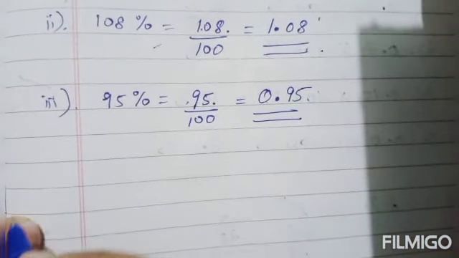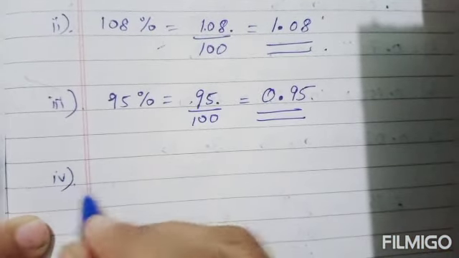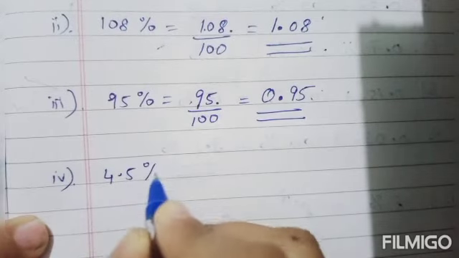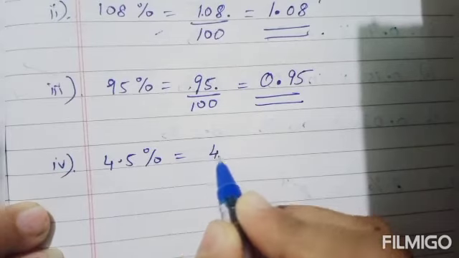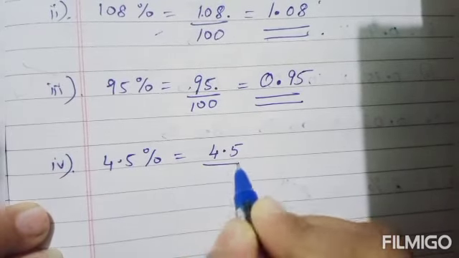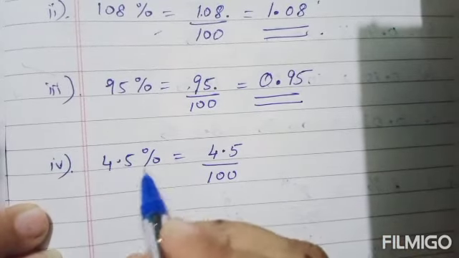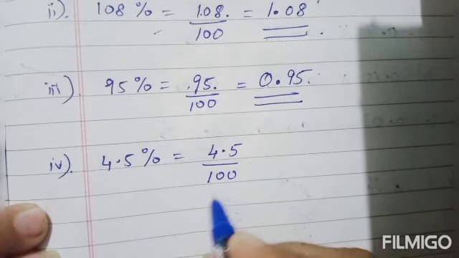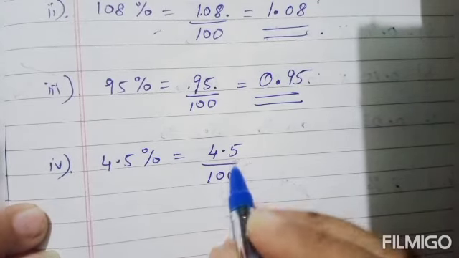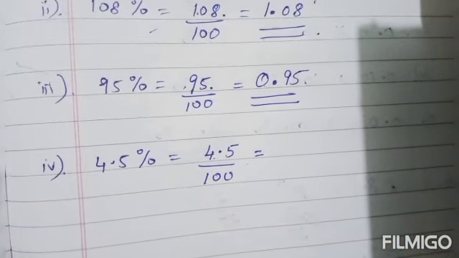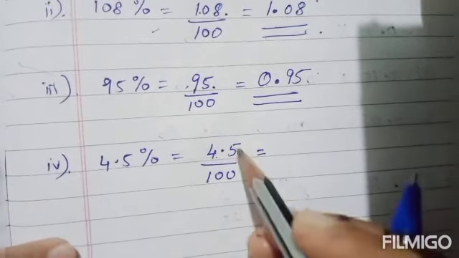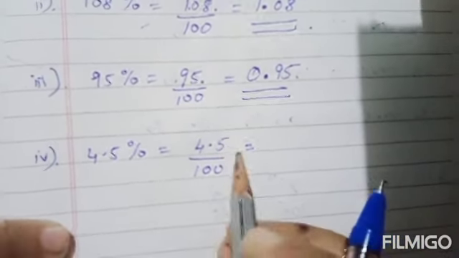Okay. Next, fourth one, 4.5 percentage. So 4.5 percentage means it is 4.5 by 100. Remove this percentage sign, divide by 100. Now, in decimal form, how can you write this fraction?